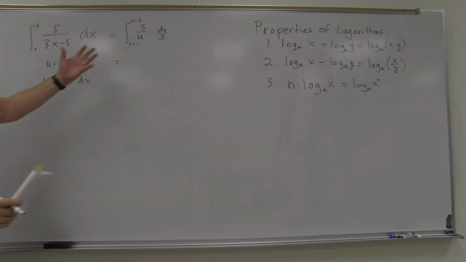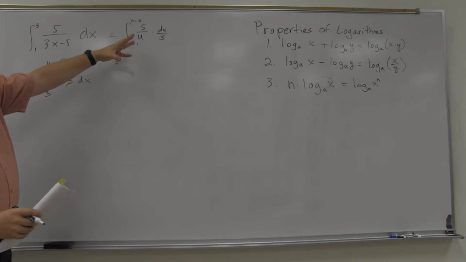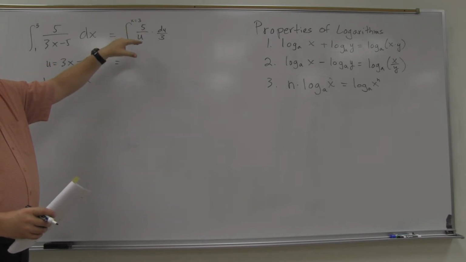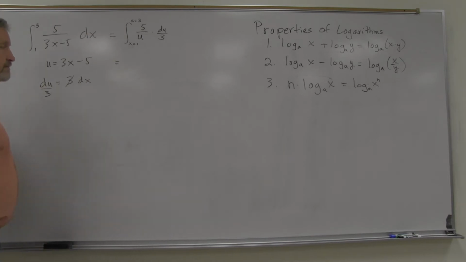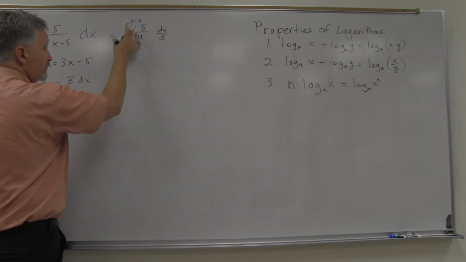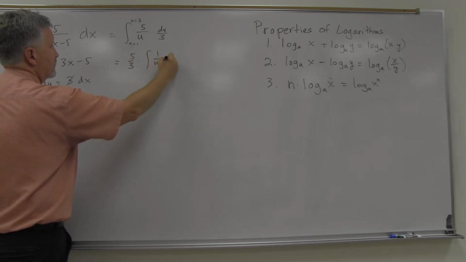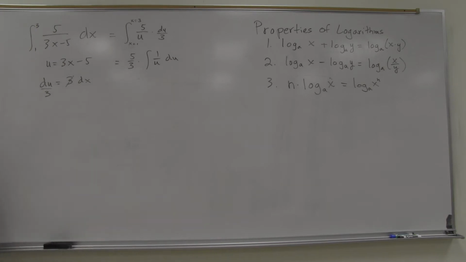Well, nothing cancels, but essentially what I've got is 5/3 times 1 over u, don't I? Then you can write it that way. If we can pull out the 5/3, sometimes you'll see them do that. So the 5 and 3 don't cancel, but that's not going to stop us from using natural log, is it?